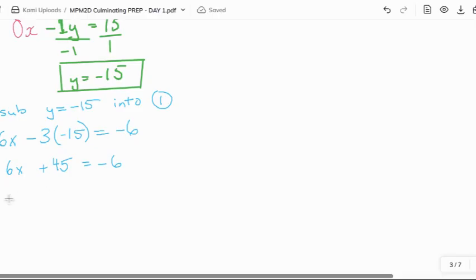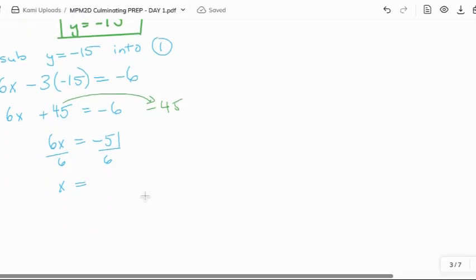Bring the 45 over, so we'll subtract 45. 6x equals negative 51. Divided by 6, divided by 6. X equals, does 6 go into 51? It's 8.5.